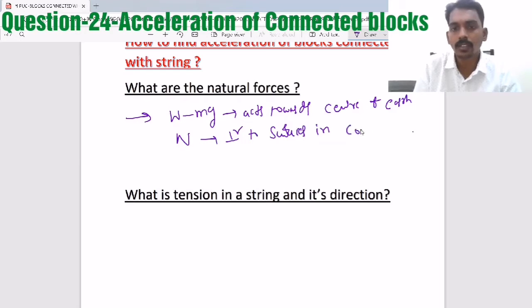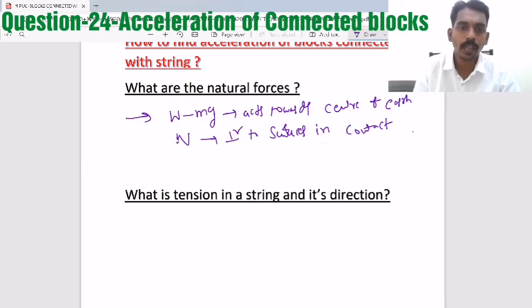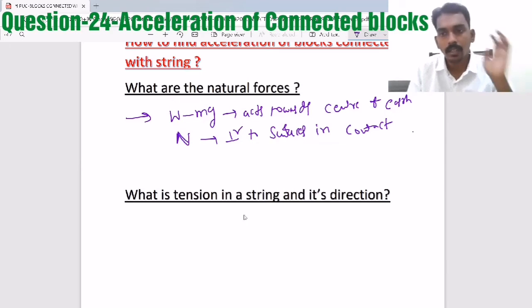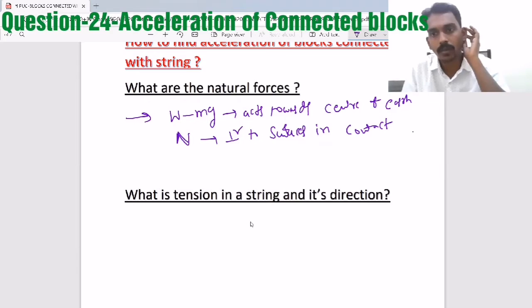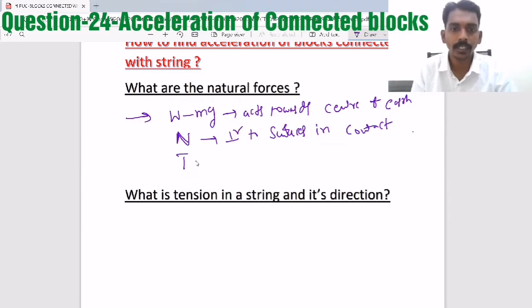When two surfaces are kept in contact, an equal and opposite force acts on each of the surfaces, and that force normal to the surface we call the normal reaction. And T is the tension in a string.